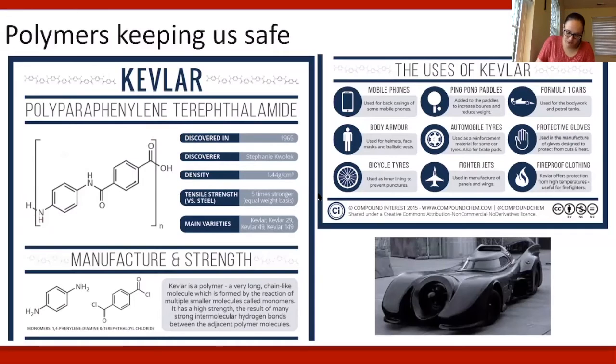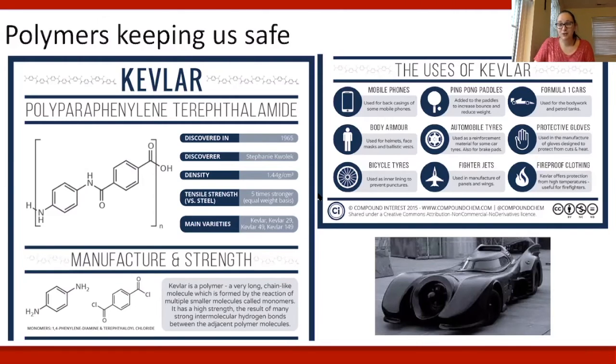However, what is really cool is the tensile strength. This material is 5 times stronger than steel based off of an equal weight. So the same weight of Kevlar is 5 times stronger than that same weight of steel.